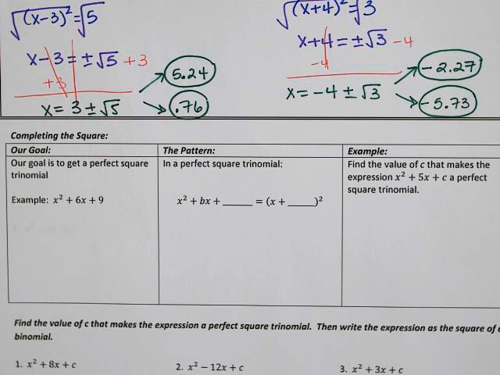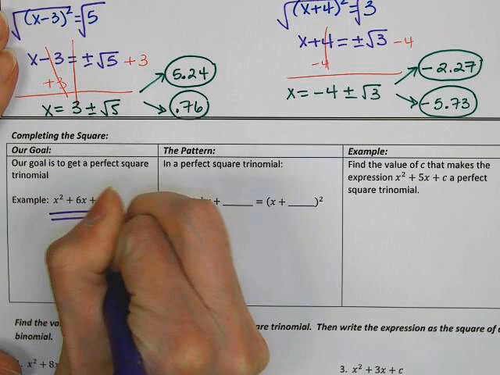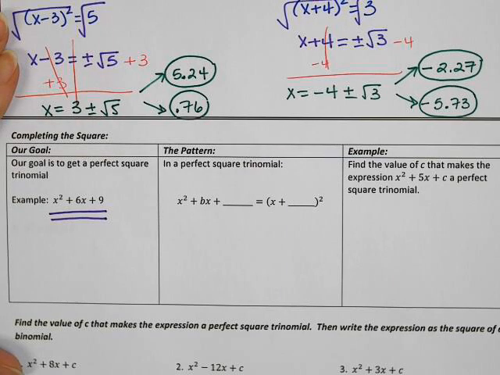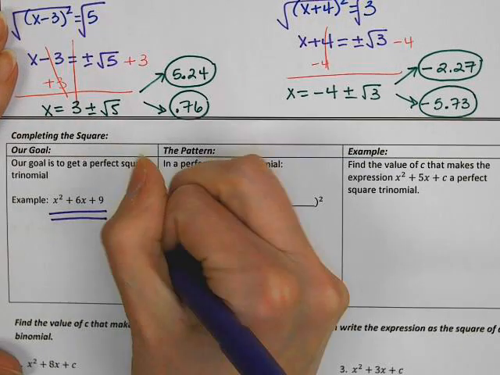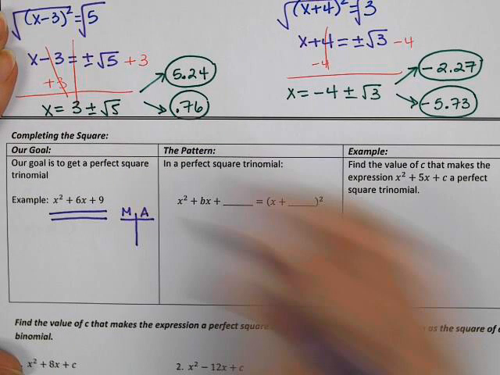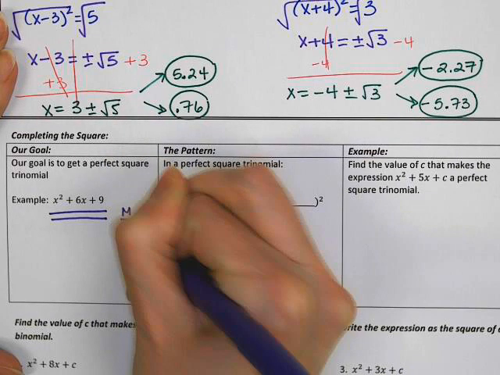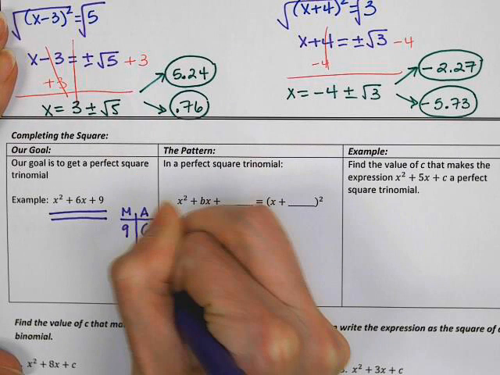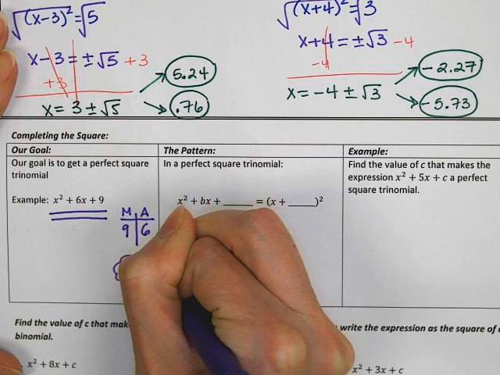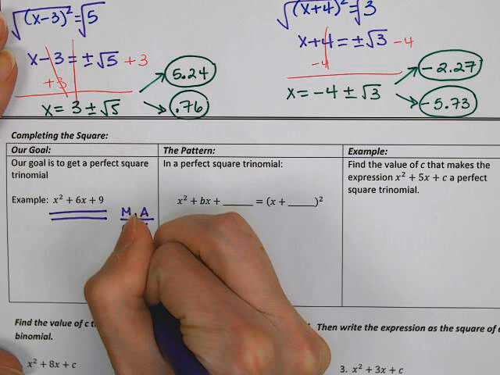Today's goal is to try to get a perfect square trinomial. The question is, what makes this a perfect square trinomial? Well, try to factor it. Let's make a multiply-add table and find two numbers that add to 6 and multiply to 9. What are those numbers? They end up being 3 and 3.